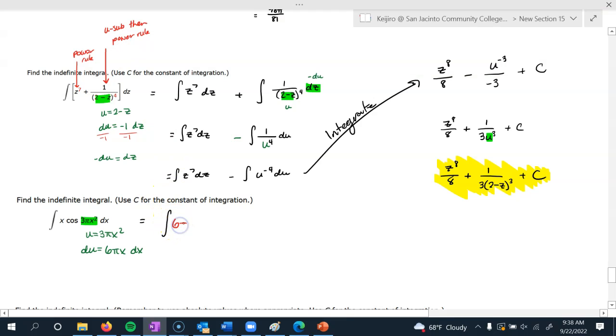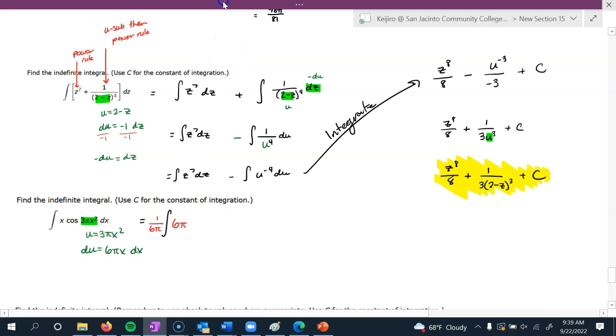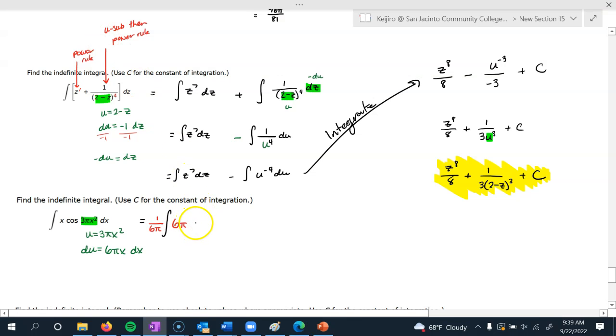Okay, so I want a 6 pi in there, and I'm going to balance it out by putting a 1 over 6 pi on the outside. And so that's going to give me x times cosine of 3 pi x squared dx.